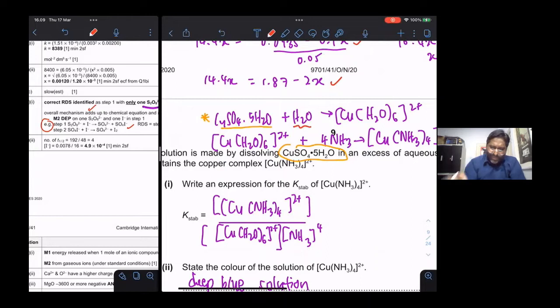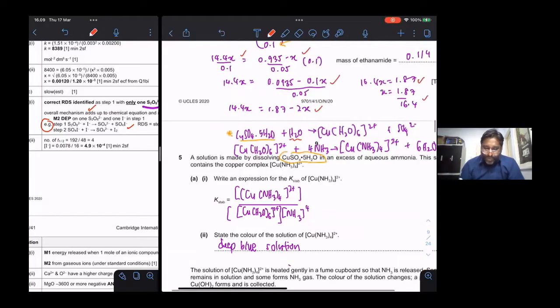When they add this H2O, 6 ligands of water will be surrounding the copper. So I will remove the sulfate. The sulfate will come out because it's 2 minus, and you can say that this sulfate is a spectator ion.